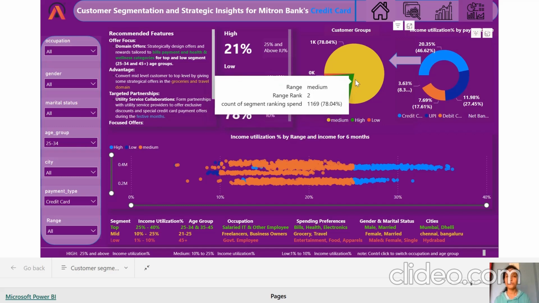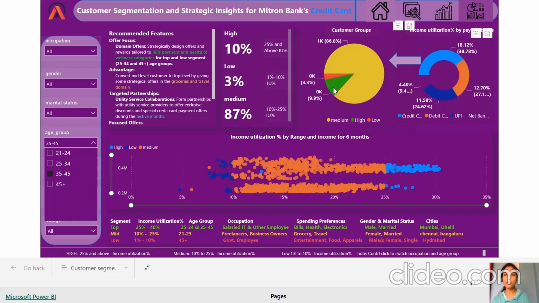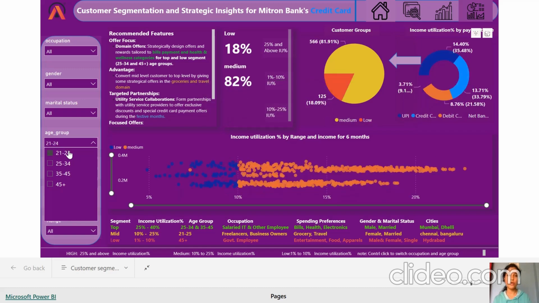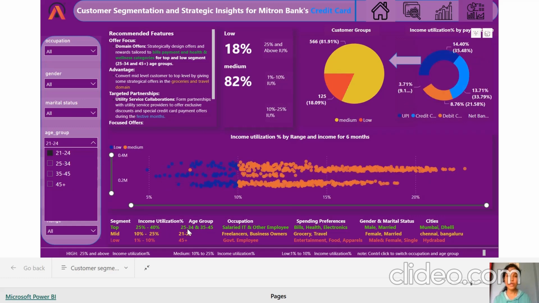If I consider 35 to 45, the top customers ratio is decreasing. When I consider 21 to 24, there are no top customers at all, and above 45 there are none either. That's why I am giving 25 to 34 and 35 to 45 age group customers as top.